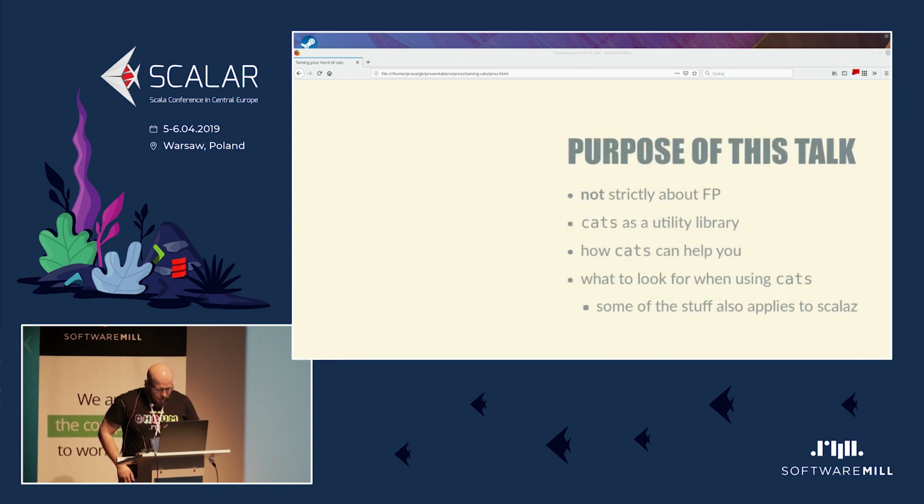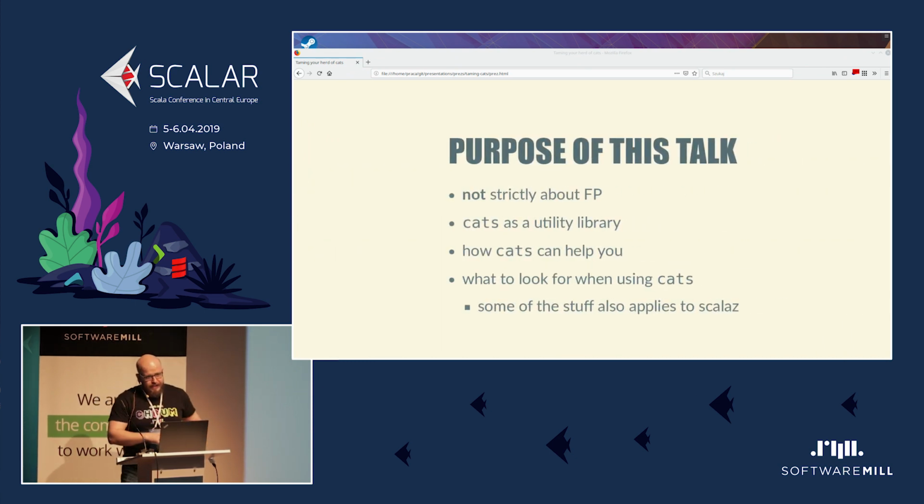Right. So cats is a library for functional programming, as I said. But this talk is not going to be focused on that, at least not overtly. I may sneak some functional programming in. But the major focus is to use cats as a utility library, because cats has a lot of features that are quite advantageous to know about and to write in.